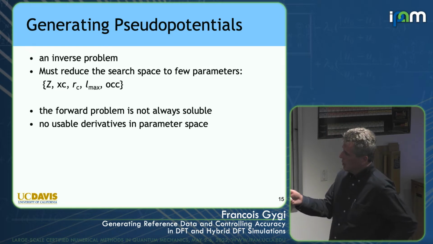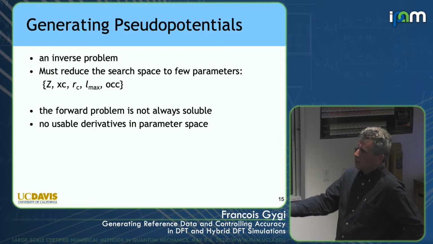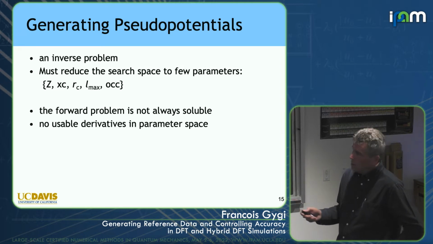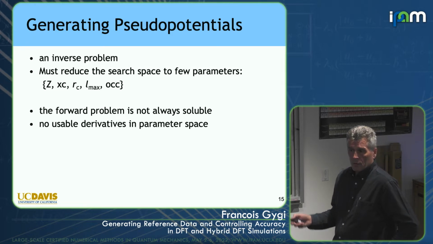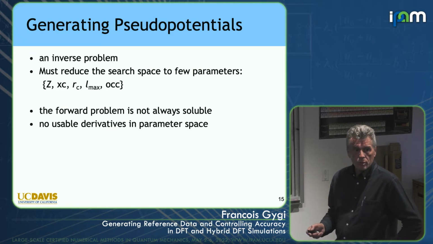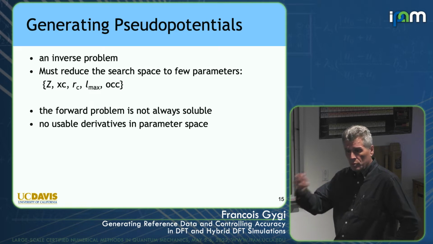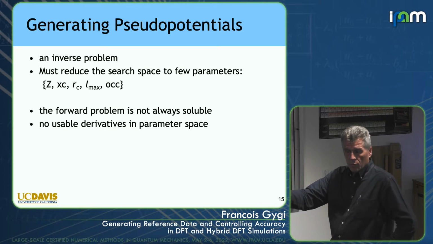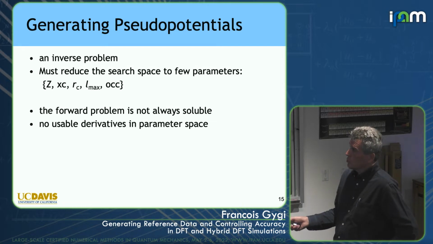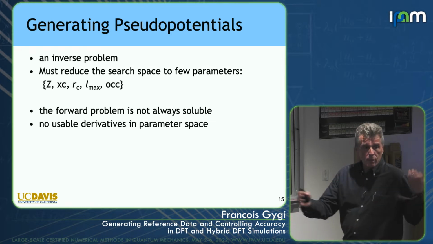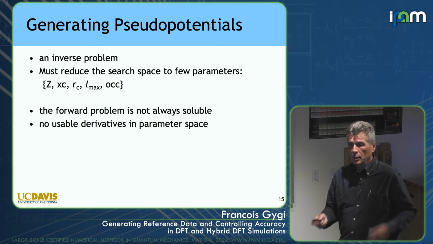So those are obviously the nuclear charge, and the choice of exchange correlation functional, because you do that for a specific exchange correlation functional, because you have to solve the Kohn-Sham equations that affects your all-electron solution and therefore your pseudopotential. So you have to make that choice. You have to choose this cutoff radii, and there are constraints on that, like I mentioned before.